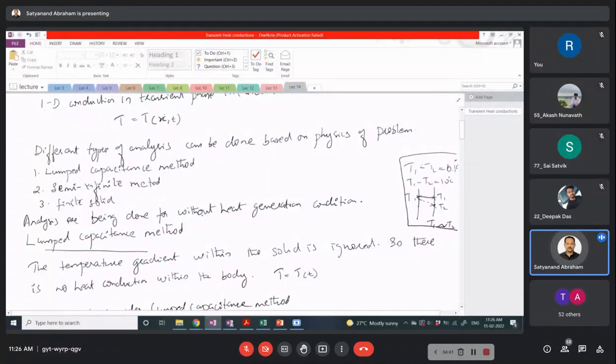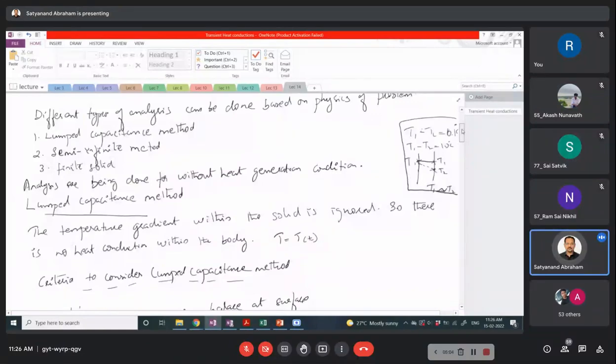And also we said we will be considering all the analysis without heat generation. With heat generation, again, it's going to be a bit involved. But once you understand the mechanism of whatever heat transfer is happening without heat generation, it can always be extended to the with heat generation condition.